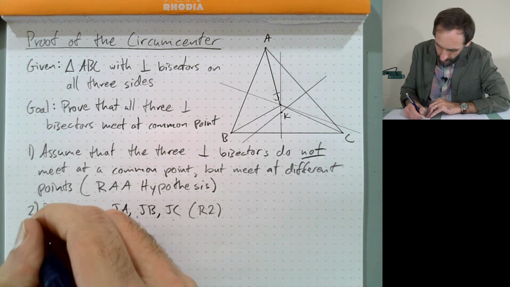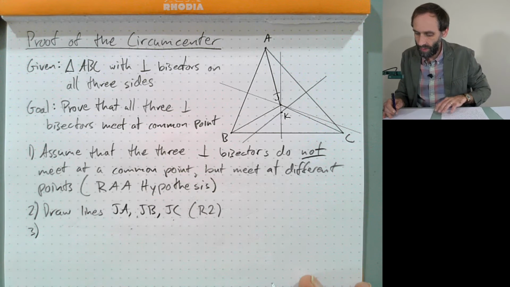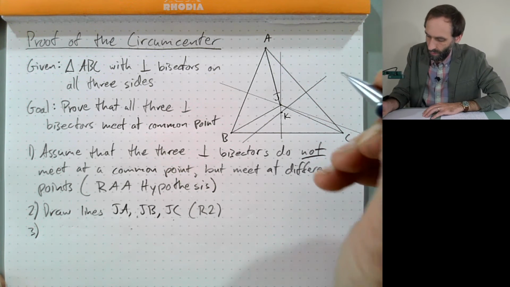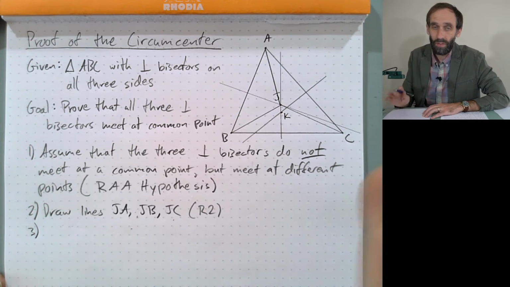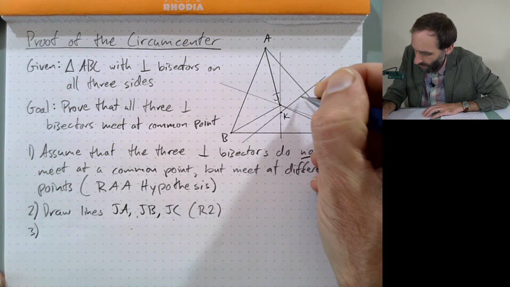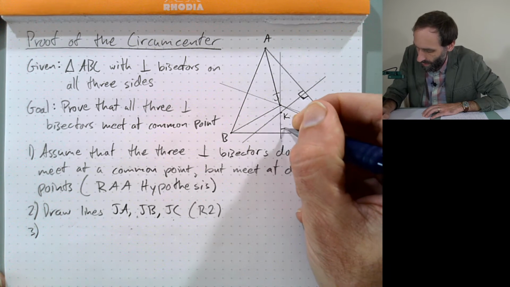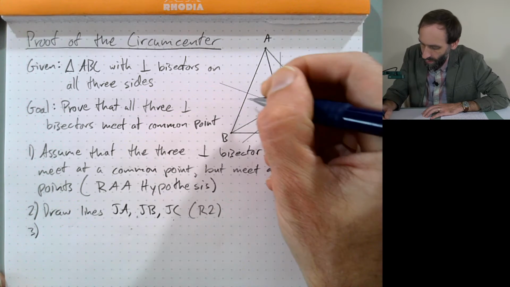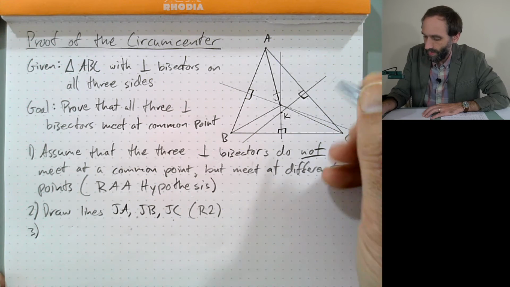So now step number 3. Step number 3 is going to rely on the fact that these are perpendicular bisectors. So let's mark up the diagram a bit. Since these are perpendicular bisectors, we know that this is a right angle, as is this. These are right angles here, and these are right angles here.